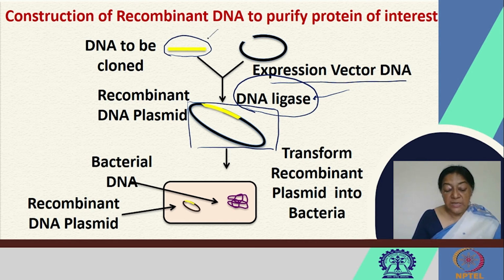We have linked our DNA to the expression vector using DNA ligase to create our recombinant DNA plasmid. This is then transformed into bacteria. So here is the bacterial DNA and here is the recombinant DNA plasmid.